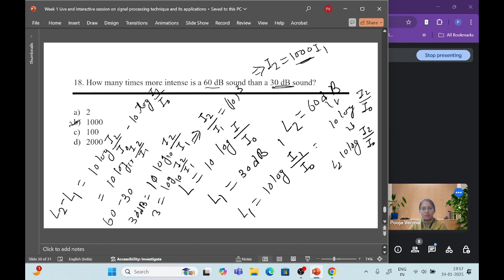So the 60 dB sound is 1000 times more intense than the 30 dB sound. These are the questions related to week 1 content and some basic problem set also.